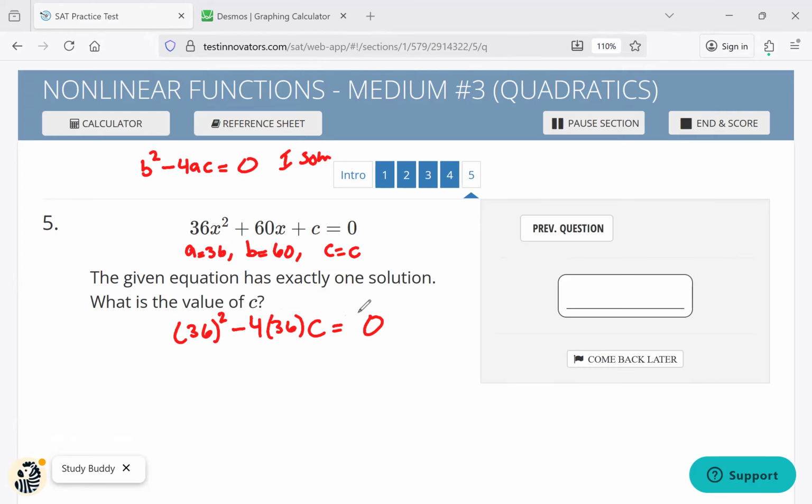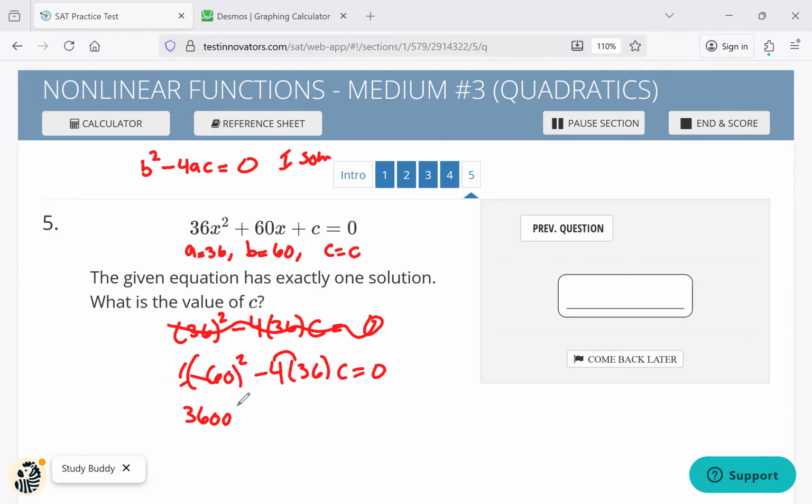So what is 36 squared? My bad, my mistake. It's b squared minus 4ac, so it's going to be 60 squared minus 4 times 36 times c. Set that to 0. Okay, that's much better. So 60 squared is 3600.